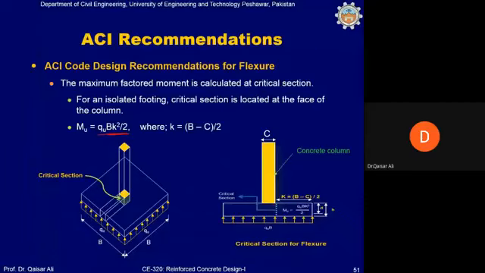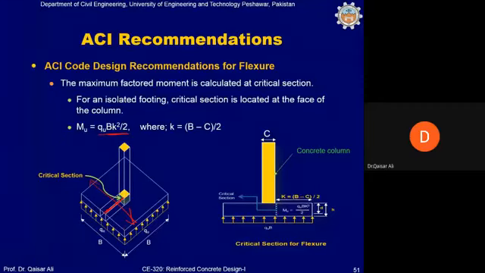If we are calculating bending moment along this direction, b will be the dimension which is multiplied with this in order to calculate the bearing pressure per unit length.